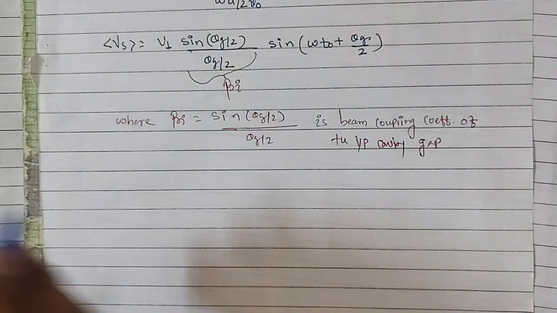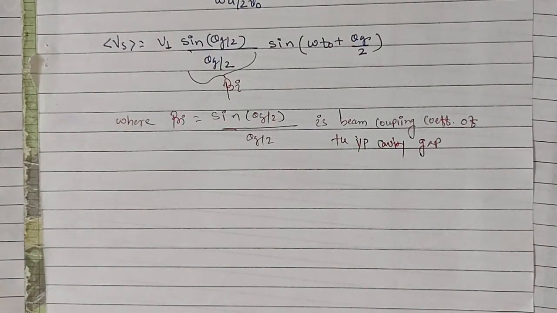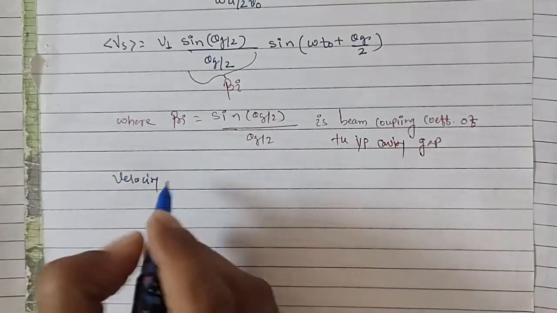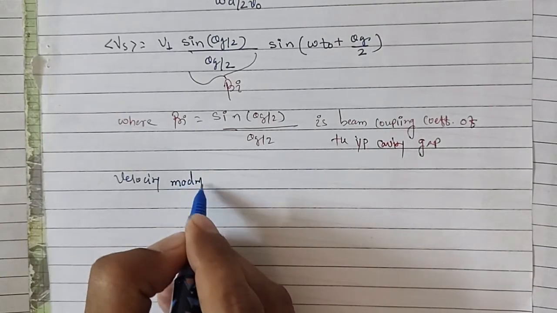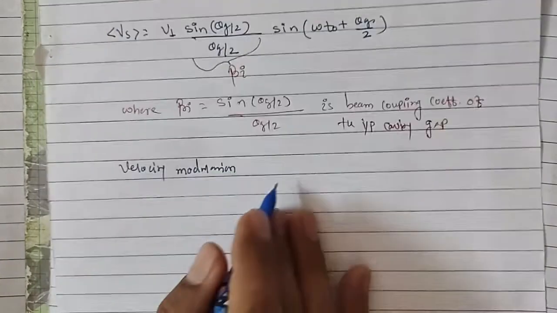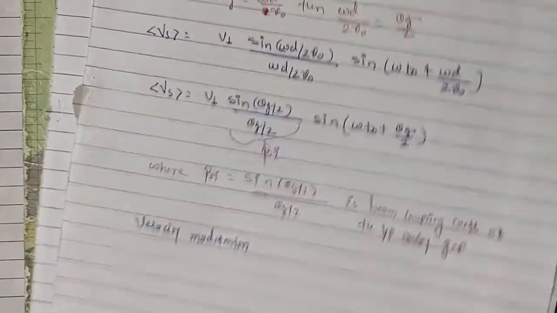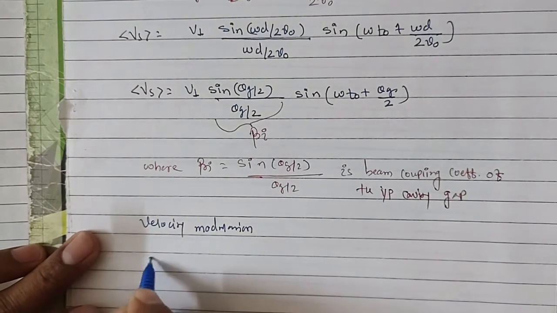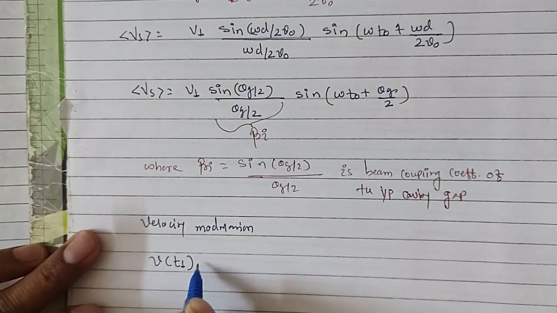Therefore, now the velocity modulation equation, finally, what we have obtained is Vs. So we have to now write for V of T1.